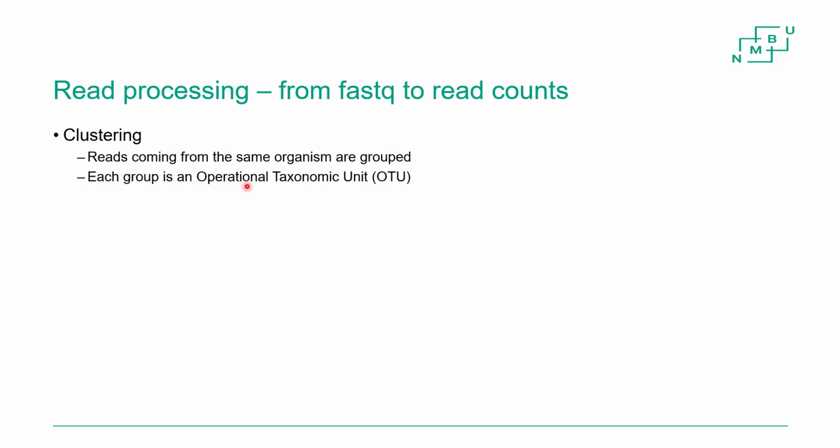And each group we now call an operational taxonomic unit, or OTU. So this is just a phrase that we use for these groups. Think of them just as they represent a group of reads that are similar enough to be merged together. Assume they come from the same organism.